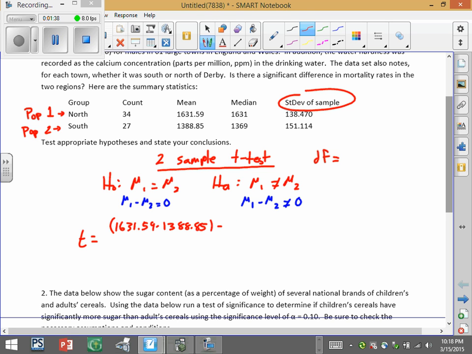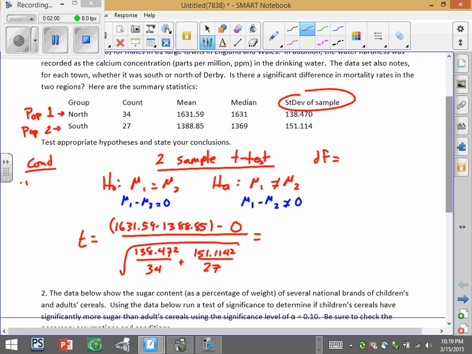Remember, mu1 minus mu2 is 0. And then we have over the standard deviation of 138.47 squared over 34 plus 151.114 squared over 27. We're going to let the calculator do the work here in just a minute.